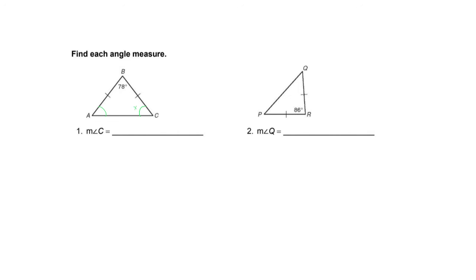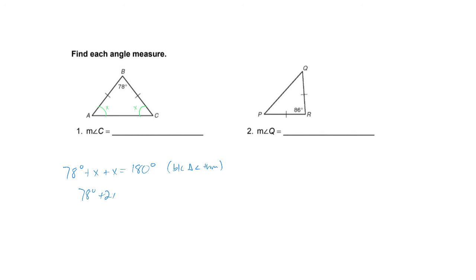If we label these opposite angles x, we can figure out their angle measure. We know from previous sections that all three angles of a triangle add to 180 degrees, by the triangle angle sum theorem. That's from last topic.